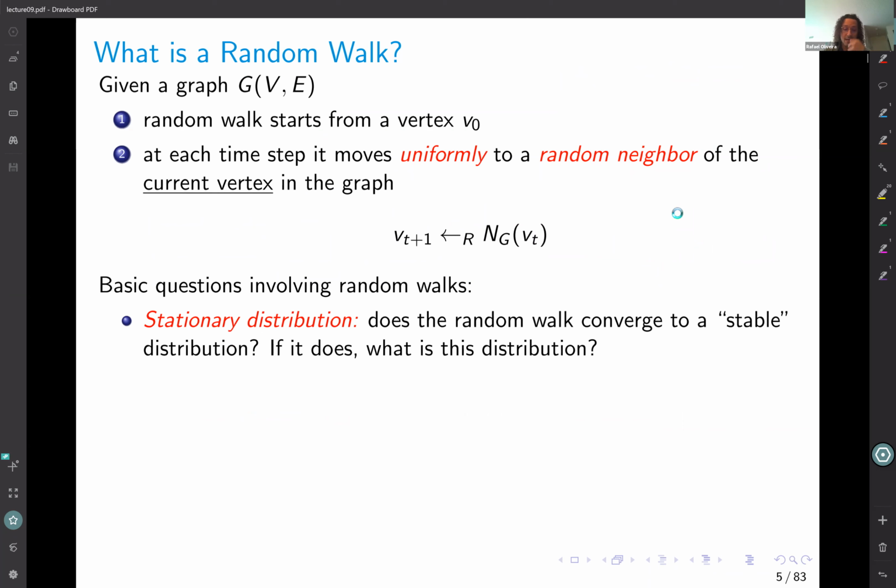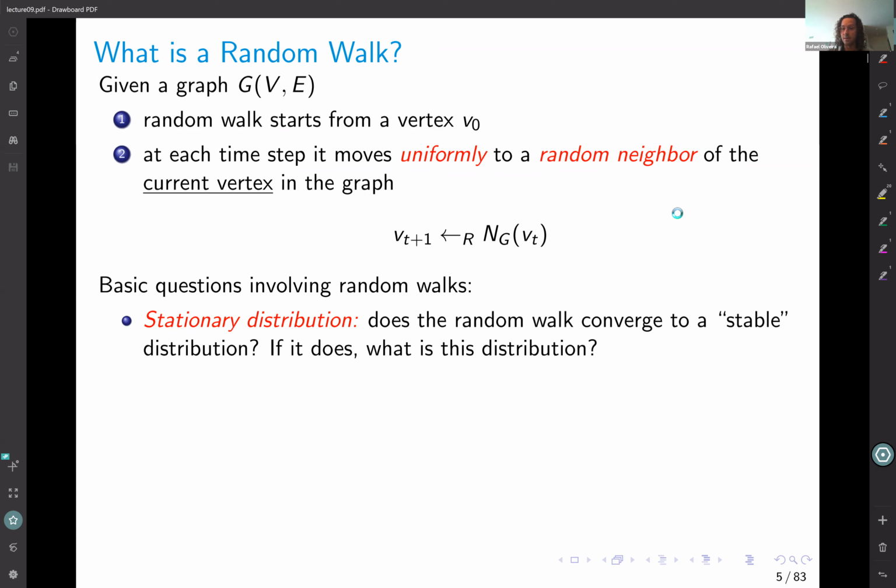But what we can say is, suppose that we take this random walk for a long enough time. That's what we're trying to understand. Suppose that the random walk has been happening for a while. Can we say something about the distribution, the probability of being at each vertex of the graph?